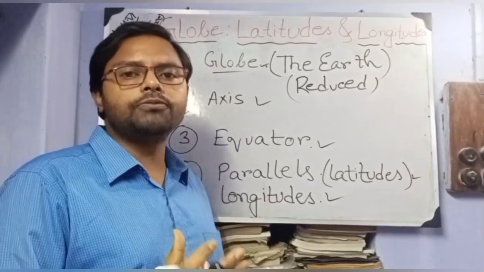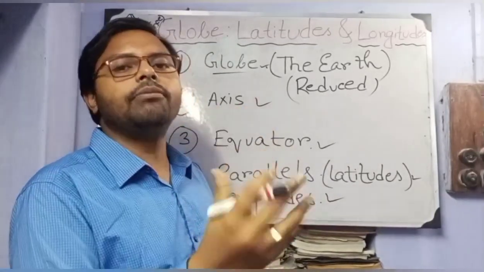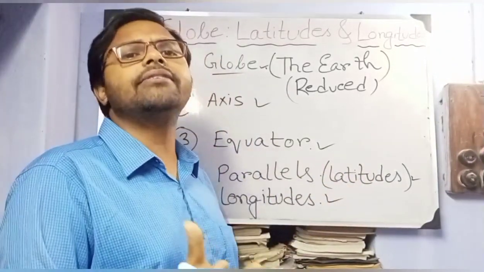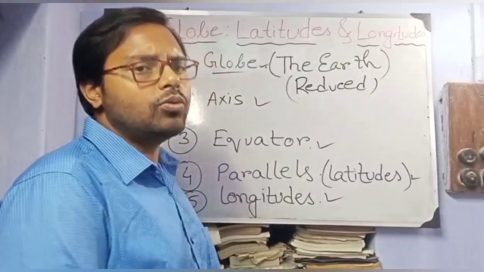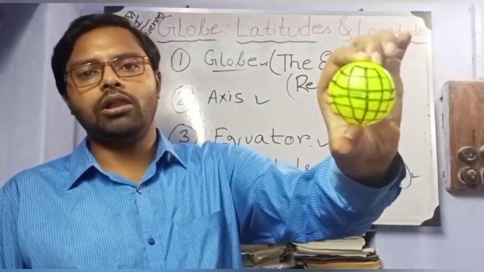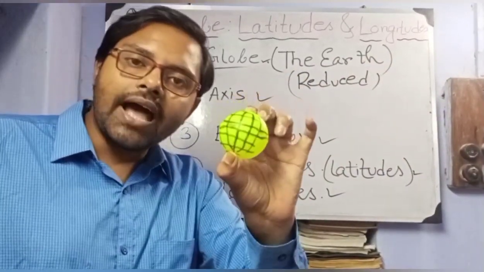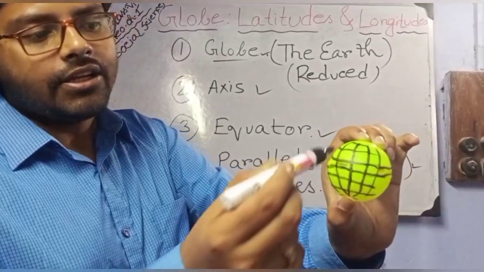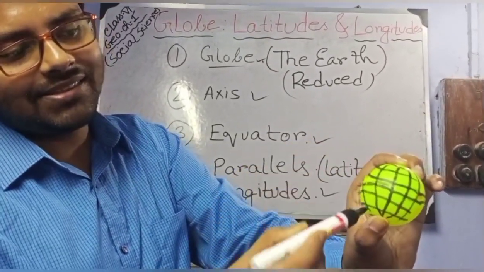If you see the small globes which we can buy in the market, we see the Earth in a revolving movement, and we see the Earth as a small, reduced object. Suppose now I will show you this. This is a ball, in the shape of the Earth, where on the ball we have drawn some imaginary lines.